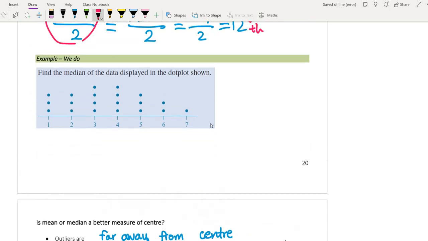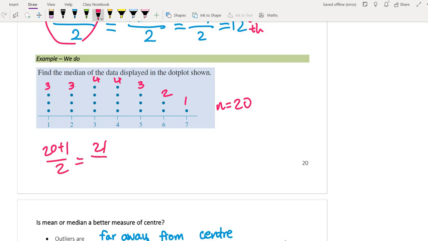And this next one does not give us how many numbers are in the data, so we do need to calculate it ourselves. I would go about writing it like this. There's 3 here, 3 here, 4, 4, 3, 2, and 1, and add them all up. And you should get 20. So N is 20. And then to find the median, we want to do 20 plus 1 divided by 2.